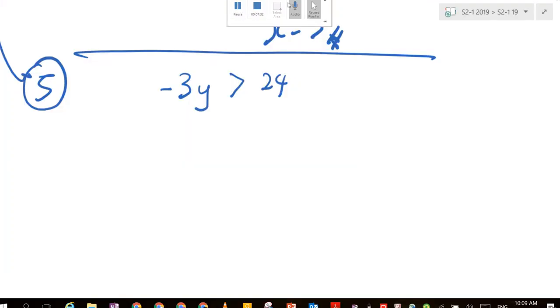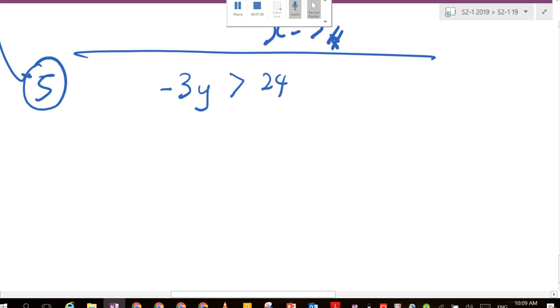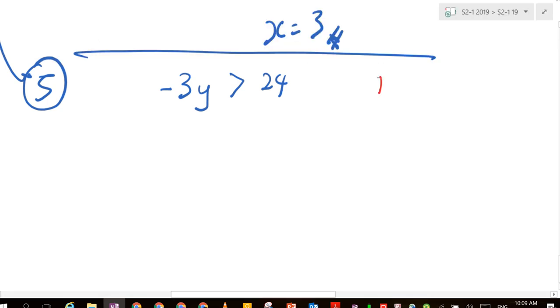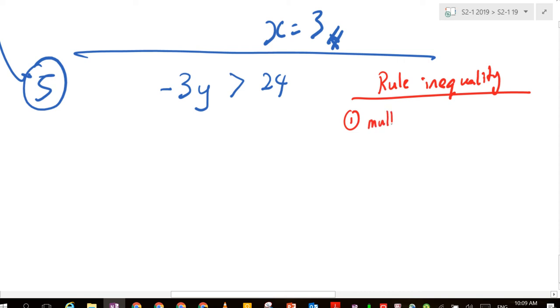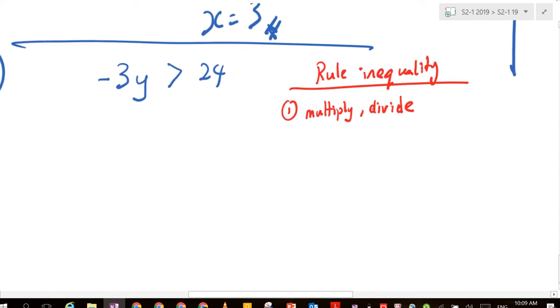Sorry, listen. Now, first, you have to understand the rule. Can you write down the rule of inequality? There is only one rule. And the one rule is when you multiply, clever people will copy now, because once I move the screen, you cannot copy anything.